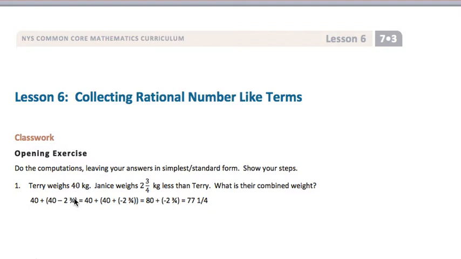And there's our expression. We change the subtraction to addition and change the sign of the number after it to its opposite. Then I combine the 40 and the 40 to make 80. And finally, taking 2 3/4 away from 80 will give us 77 1/4.